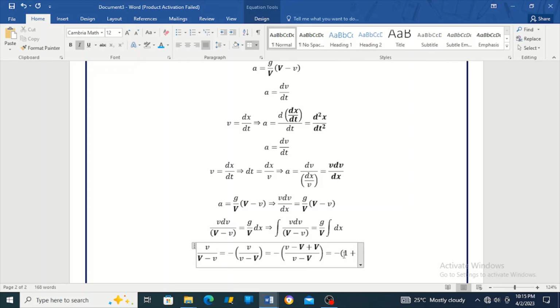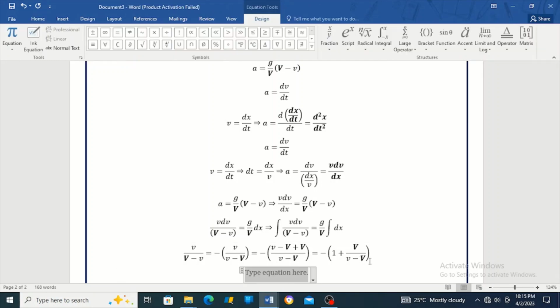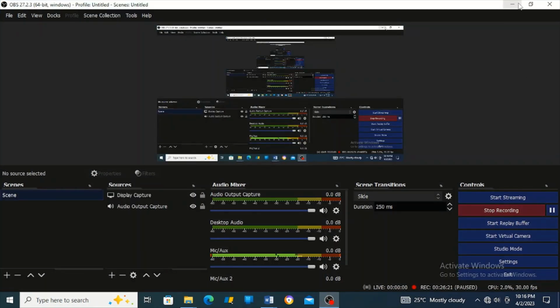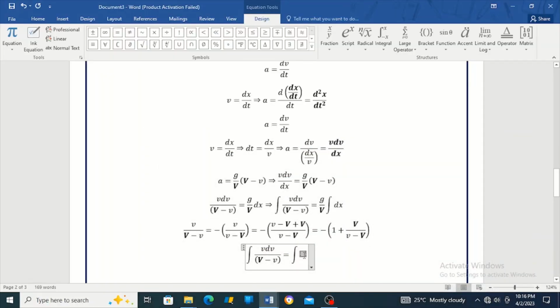Then plus, we now have V divided by small v minus capital V. So even if you did long division, you arrive at the same answer. So we can just distribute back the negative. It means that this integral is equal to the integral of, I can distribute the negative signs there.